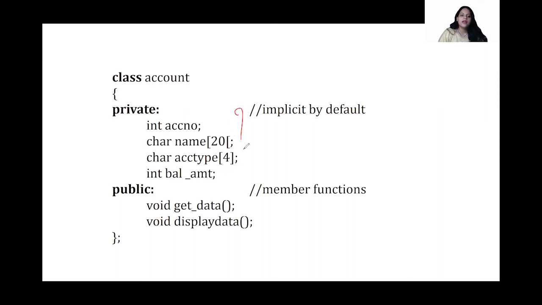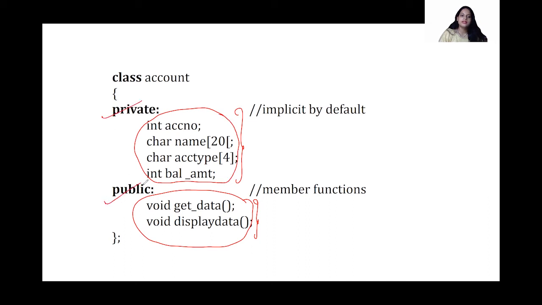So here I have declared all these data members under private and these member functions under public. So this can be accessed outside the class also, whereas this can be accessed only by the member functions. Remember, why? Because this is private and this is public. So this is how we declare any given class.